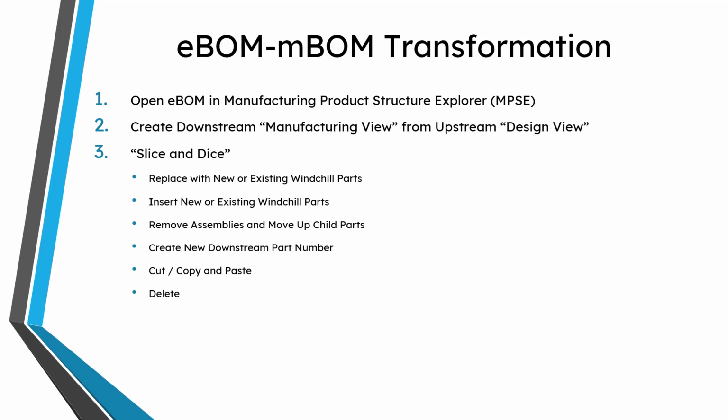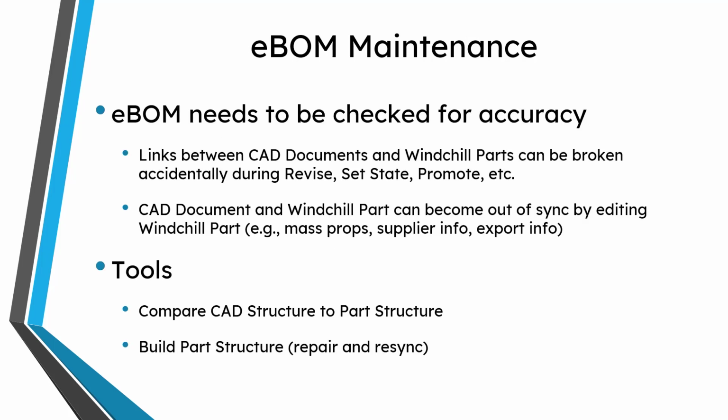You can delete stuff. You can copy and paste stuff. Hey, you're going to do whatever you need to do in order to turn that eBOM into your mBOM. And once you are finished, you are going to check it into Windchill. And then, if necessary, you can release your manufacturing bill of materials by a promotion request or even a change notice.